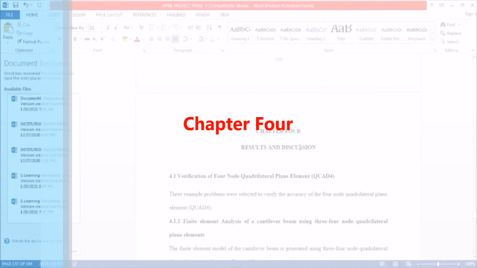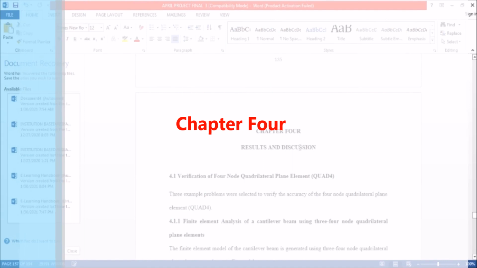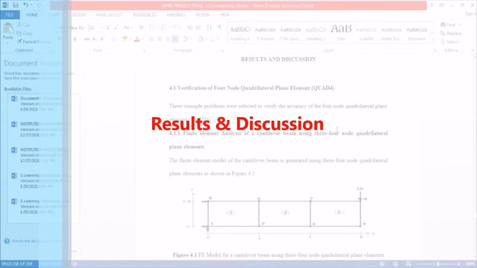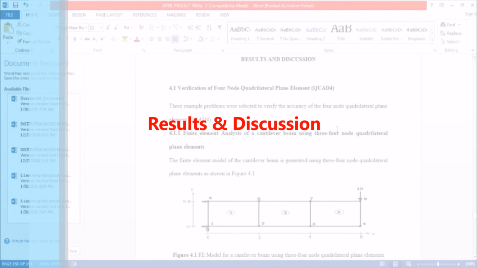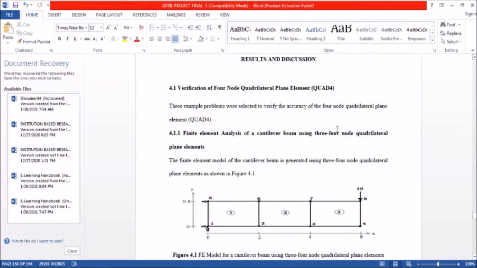Then the next thing we have to look at is chapter 4. Under chapter 4, we are talking about results and discussion. Here we present the results of the analysis or the experiment, because your chapter 3 may be based on analytical work or experimental work.